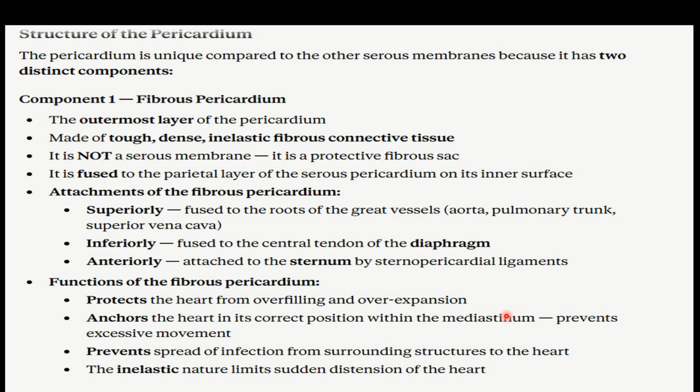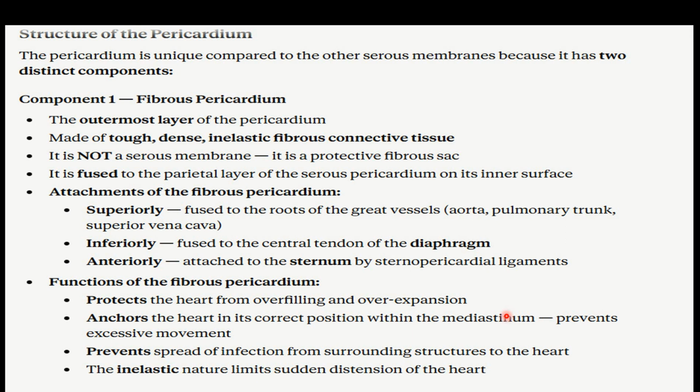Now let's see the structure of the pericardium. The pericardium is unique compared to other serous membranes because it has two distinct components. Component 1 is the fibrous pericardium. It's the outermost layer of the pericardium, which is made of tough, dense, inelastic fibrous connective tissue.